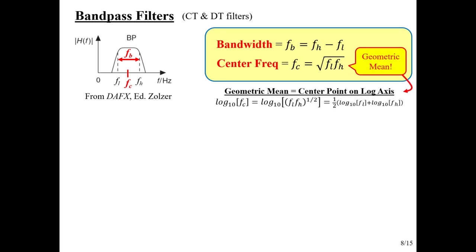So the geometric mean, if we analyze it, it says, if we take the logarithm, it doesn't really matter what base, but I'm doing 10 here, of the center frequency, and we plug in this definition now using properties of logs. So we've got a power that comes out in front, and we've got a product that turns into a sum of the individual logs. So what we see here is that the geometric mean as a log shows up as the halfway point on a log frequency axis.